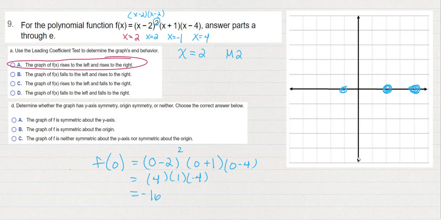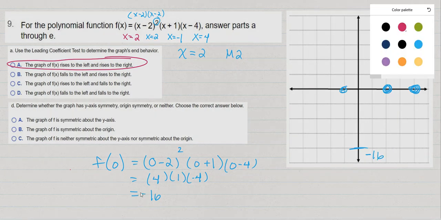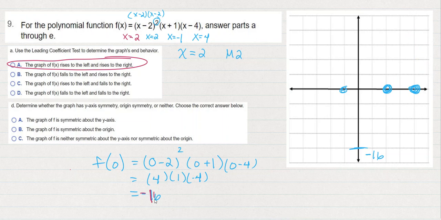So I know that we cross the y-axis at y equals negative 16. And this is going to actually give us enough to get a rough sketch of the graph.